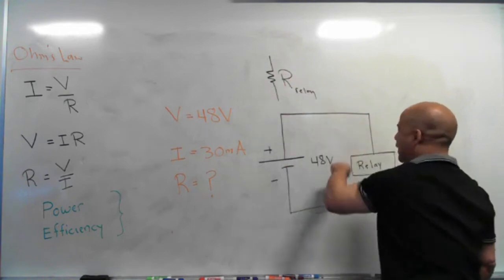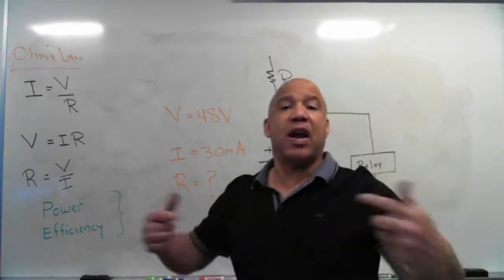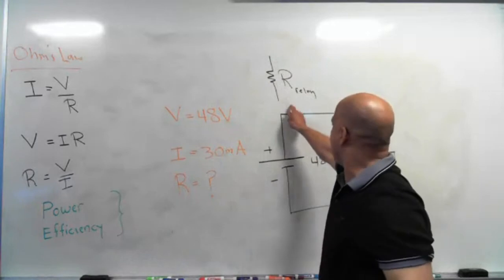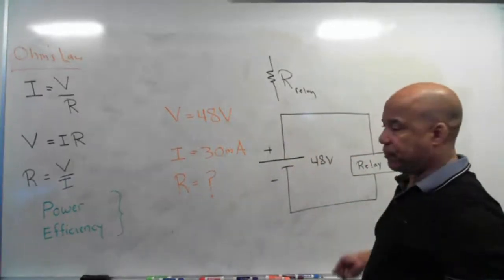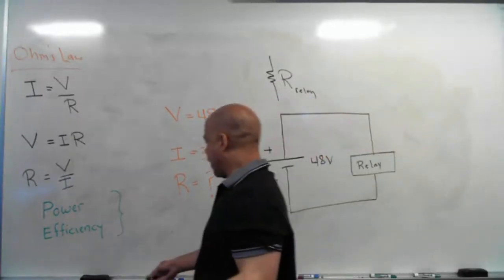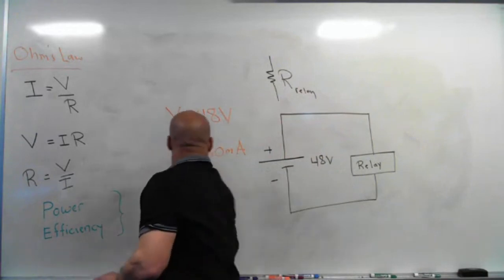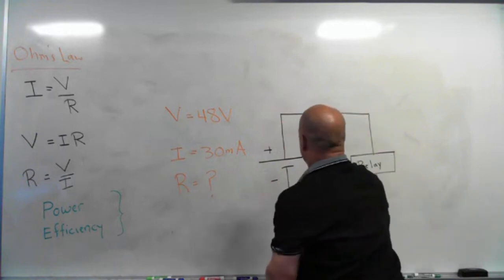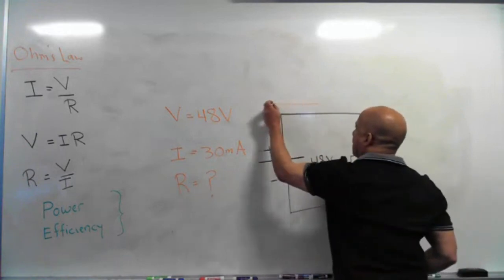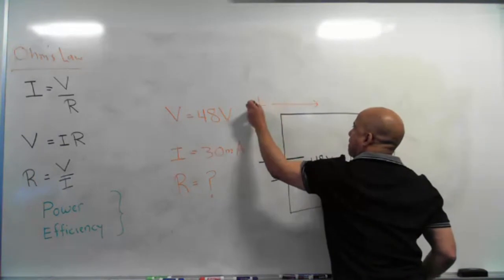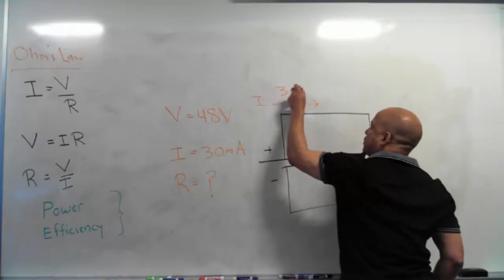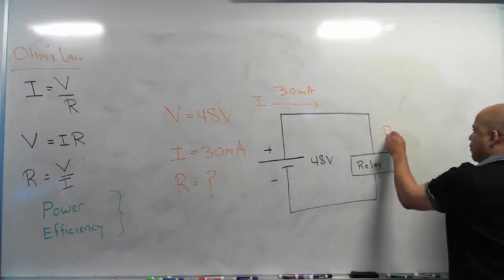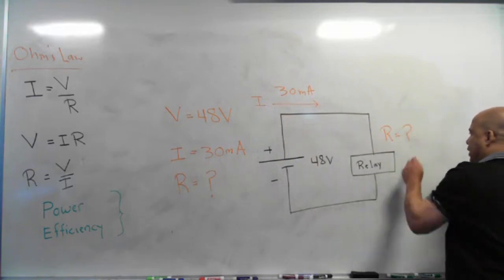Since everything has resistance, you can represent anything as a resistor. So I can do it this way, or I can just make a box and label it. I got a relay in these 48 volts. I have a current flowing into that relay, and that current is 30 milliamps. I want to know how much resistance that relay has.